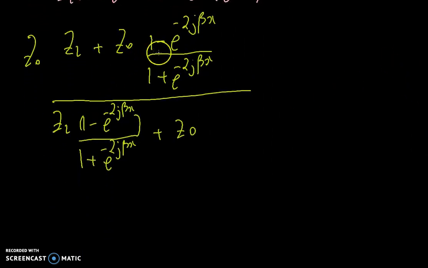Okay, so now we have this, and this is almost equal to the tanh function, but we have 1 minus e to the minus 2j beta x here instead of e to the minus 2j beta x minus 1. So let's multiply this by minus 1.